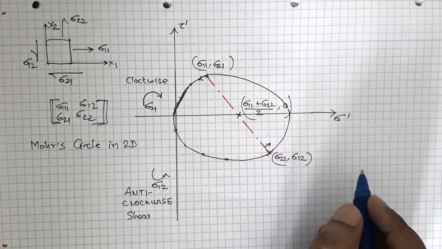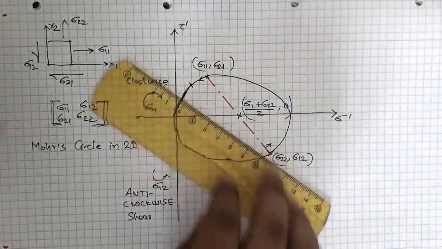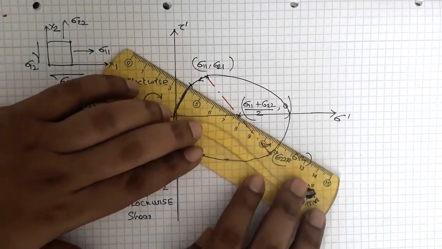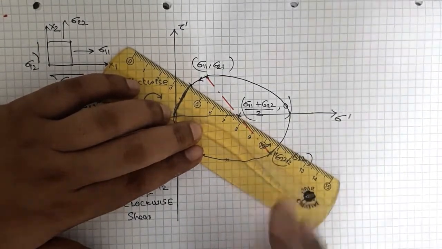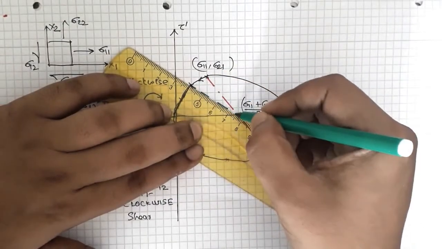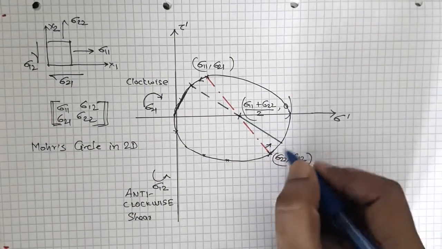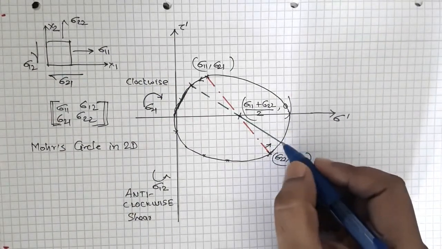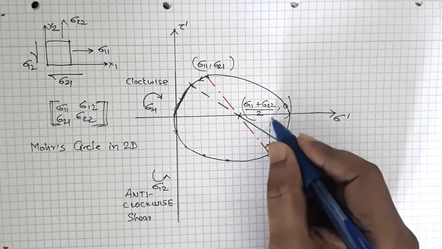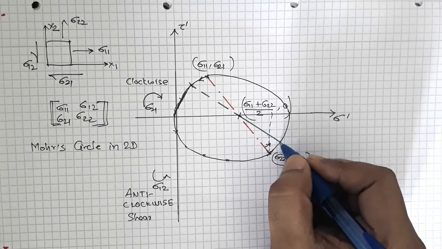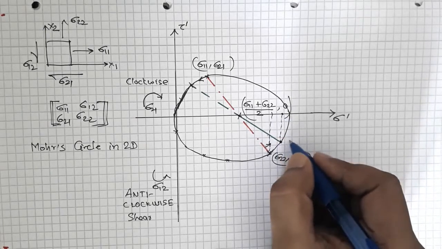For instance, if you reach here, if you rotate it like this, what will happen is that your sigma 22 will increase, right? Because here this was sigma 22, and now sigma 22 has increased.